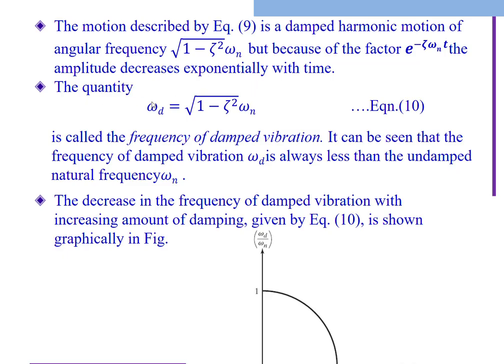The quantity can be described by using the frequency omega d, where omega n is the undamped natural frequency, and omega d is what we use for the underdamped natural frequency condition.